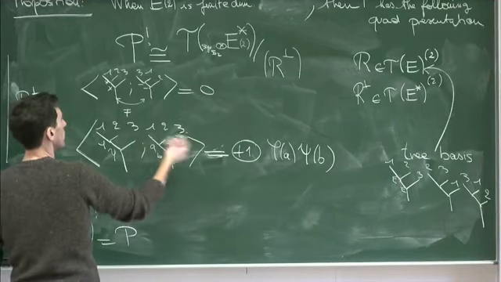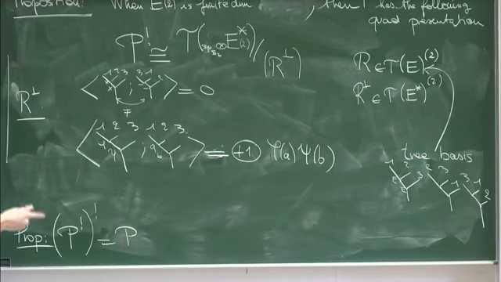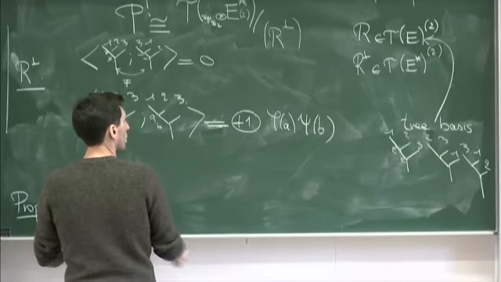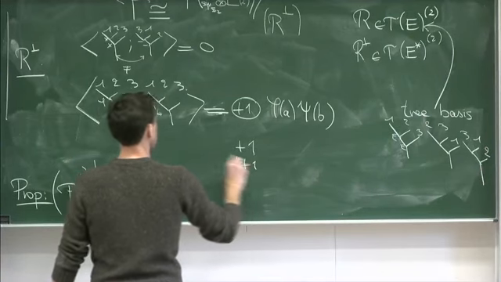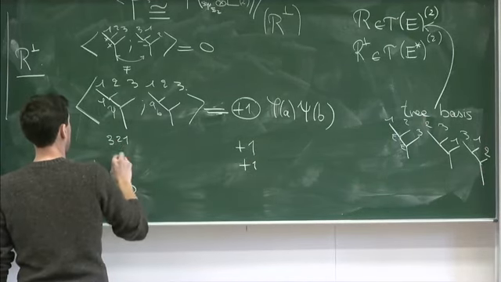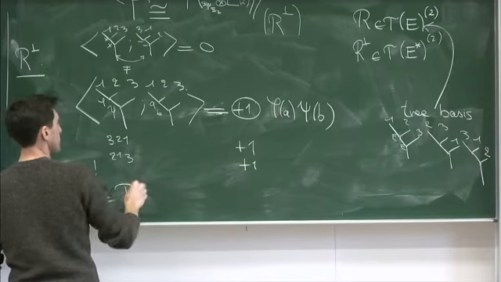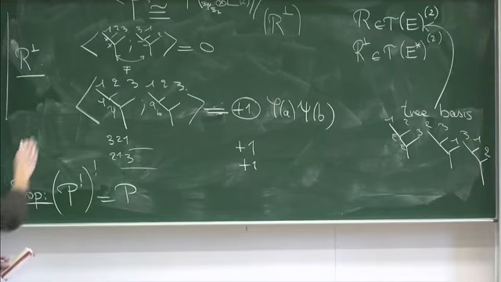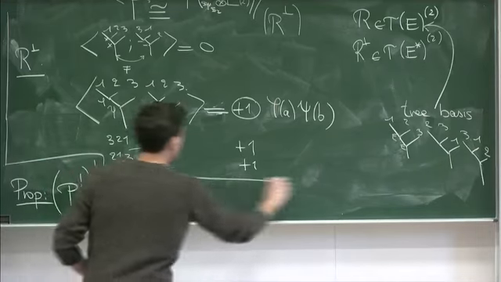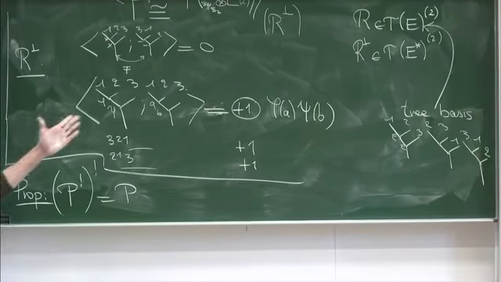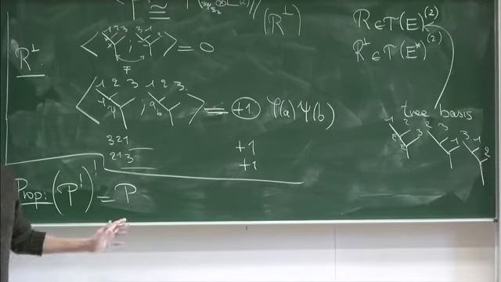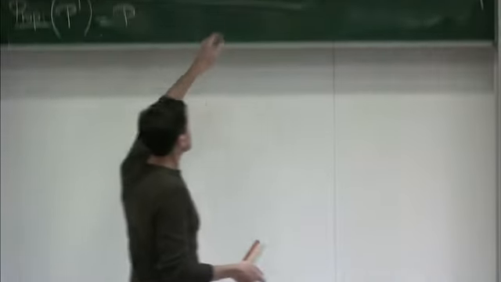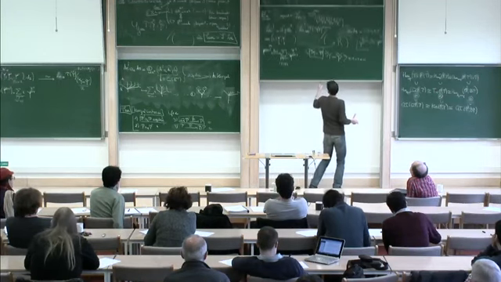For any of these trees, for the trees which are the same, you put plus everywhere. So it's always plus plus. Is that okay? So here is the proposition. You can compute the Koszul dual operad by this method. Let us see what it looks like.